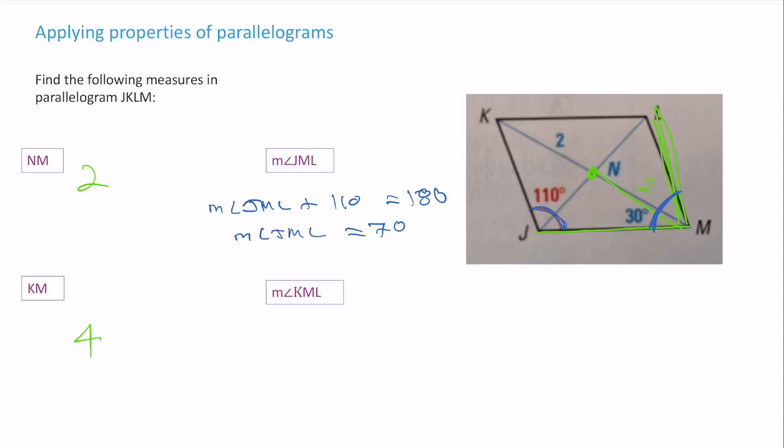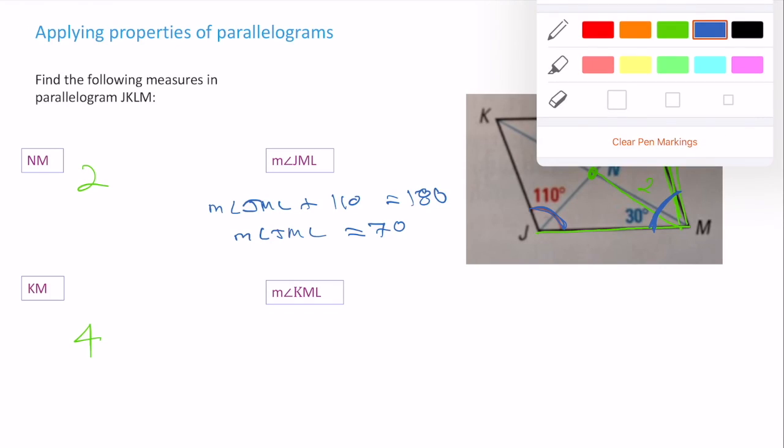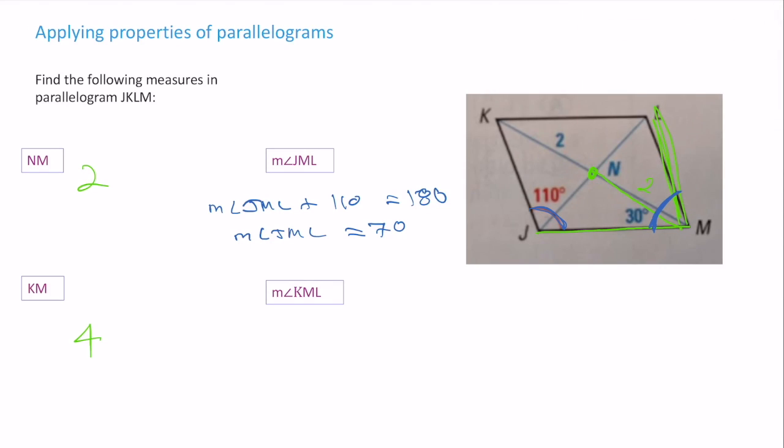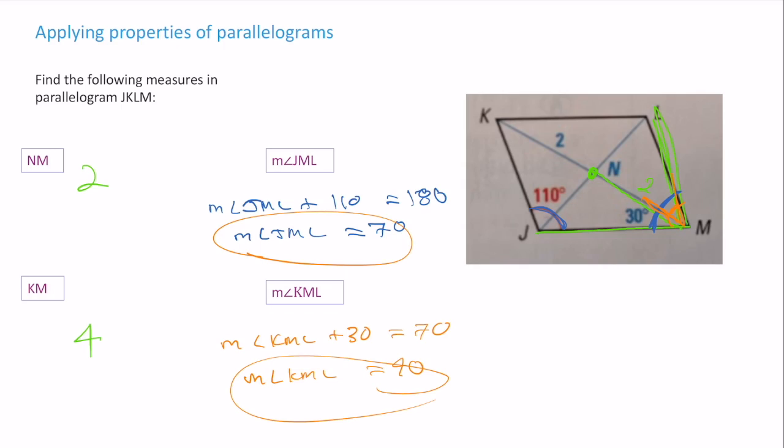So that's pretty simple. And then KML is just this part right there, right? Well, I know that the measure of KML plus 30 is 70. So then what's left is 40 degrees. So KML is 40, JML is 70, NM is 2, KM is 4.